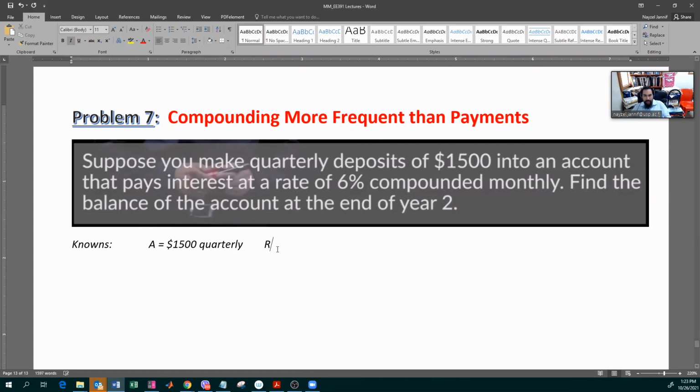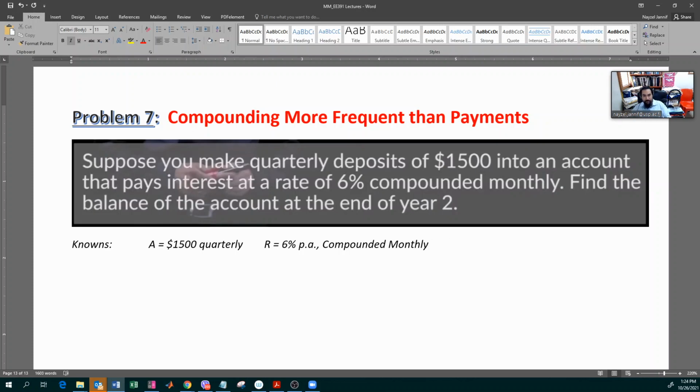Our interest rate is 6% per annum, but compounded monthly.